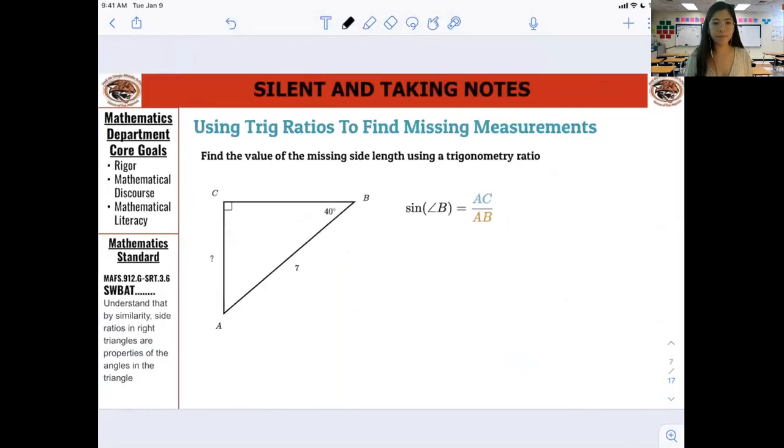Very similar. We want to find the value of the missing side length using our trigonometry ratio. So in this case, sine of B would be AC over AB. So AC is our missing side. So it's very similar. This time, sine of 40 is X over 7.